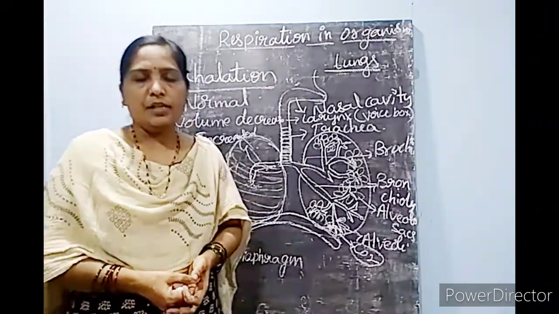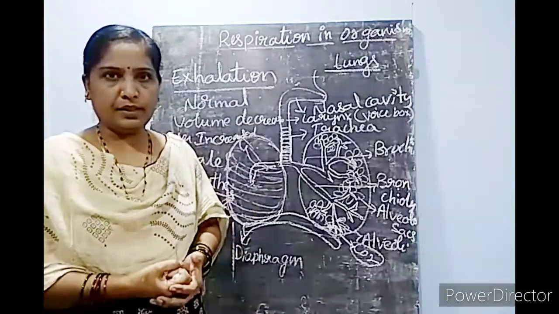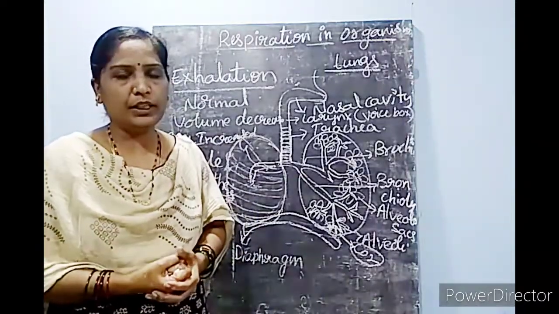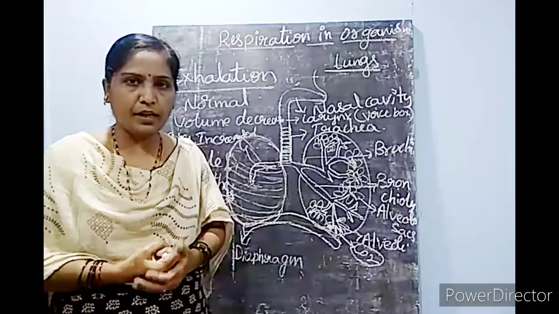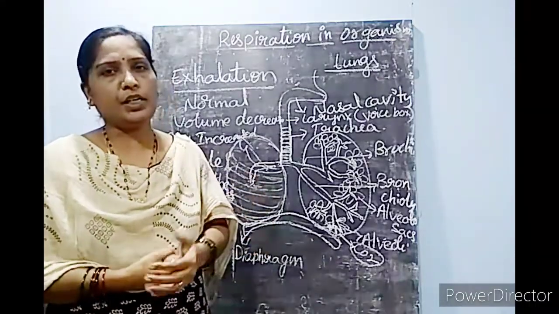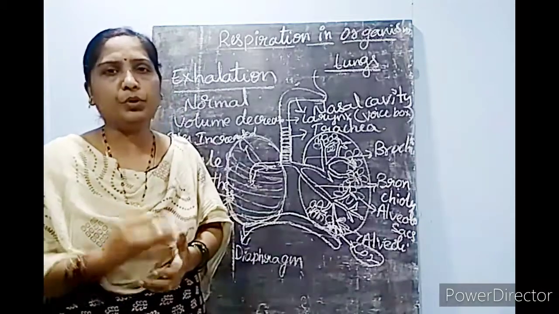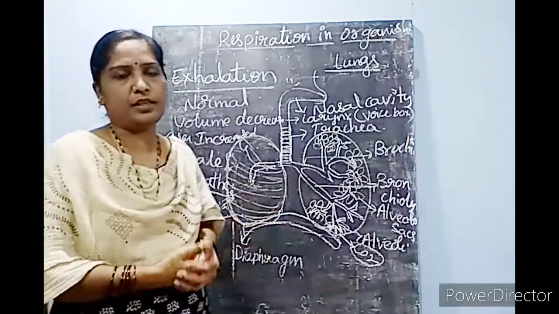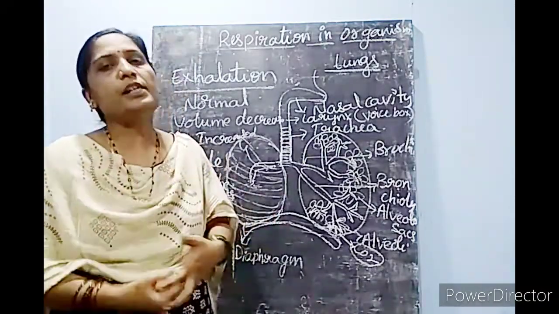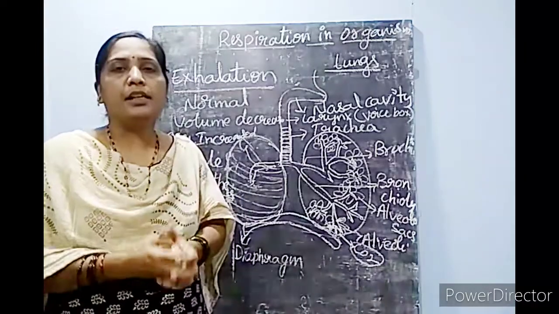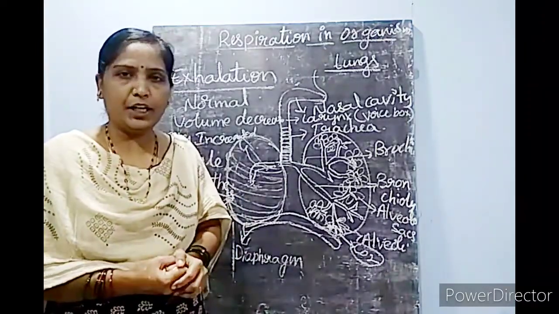Early in the morning, count your breaths. You all know that a healthy person's breathing rate is 15 to 20 times per minute. If we do any physical activity, it increases up to 25%. This we discussed yesterday. Practically observe whether that number is right or wrong.